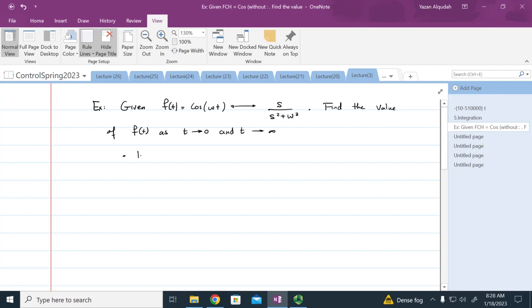So using the initial value theorem, f of 0 is going to equal the limit as s goes to infinity of s multiplied by F of s.